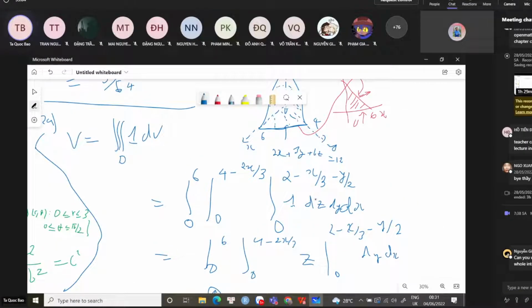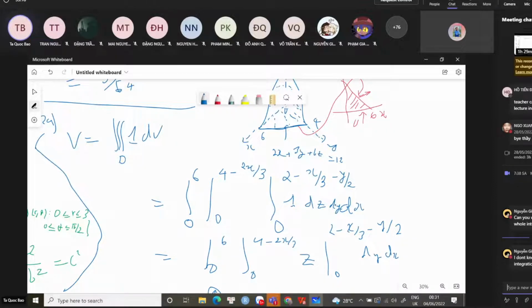Remember, because we will take the integration in z last, therefore first we always consider the integration in the plane OXY first. So in OXY, look at here, when z equals 0, the region looks like this.